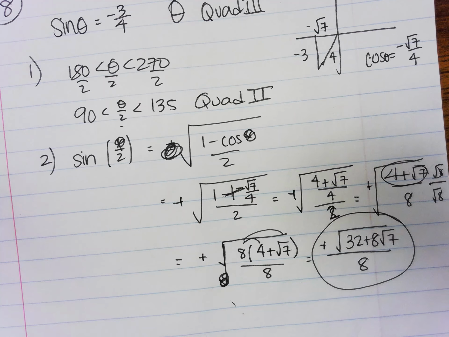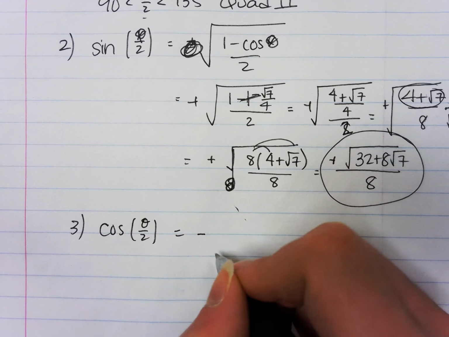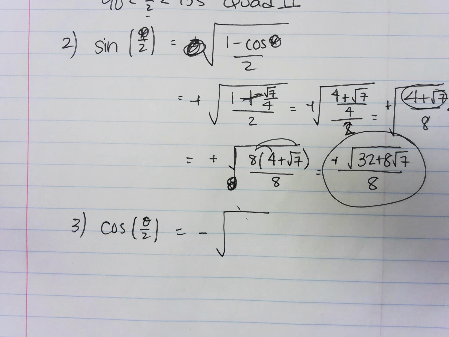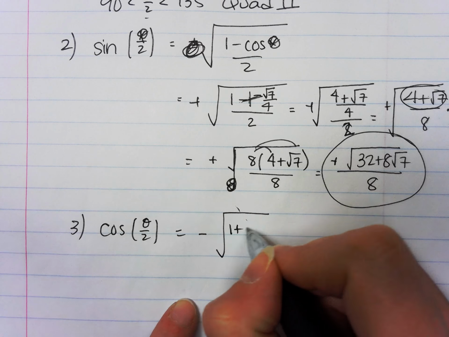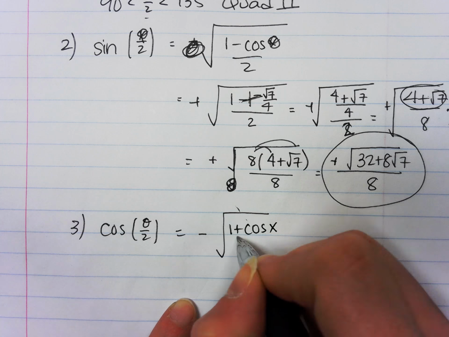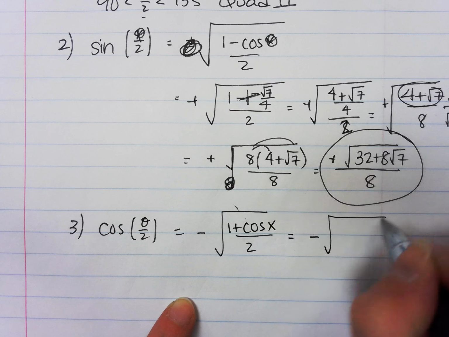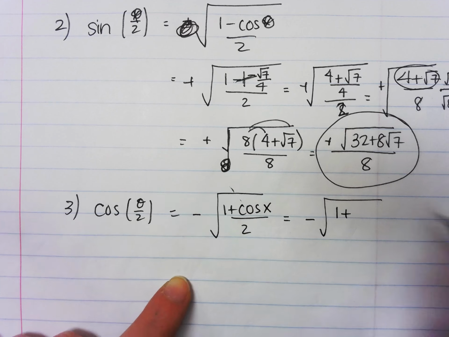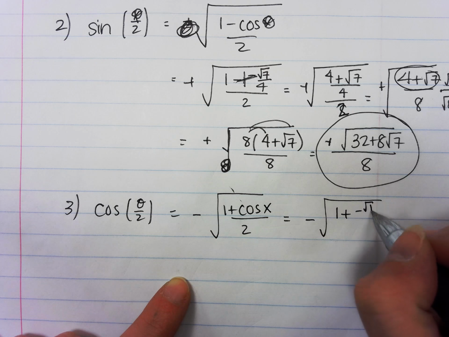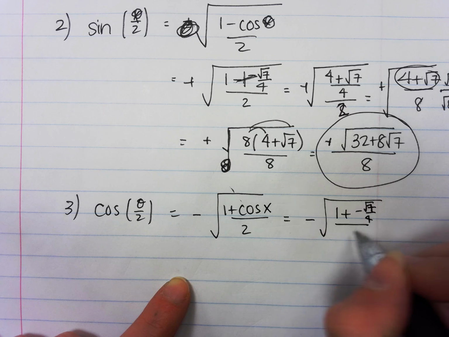Cosine's negative. So for the next one, our cosine of theta over 2, we're going to have the negative version. So when we do this, it'll be 1 plus cosine x over 2, negative. We have the same cosine value. It's negative root 7 over 2 over 2.